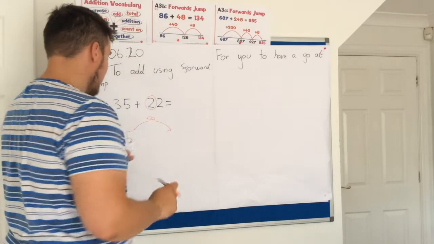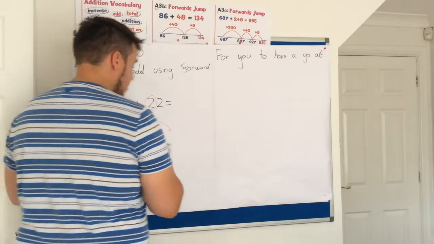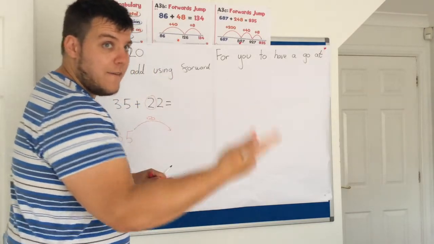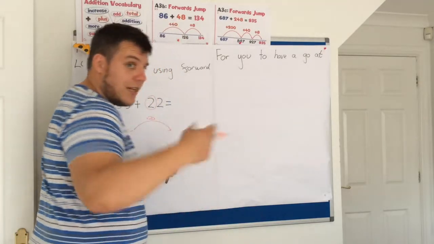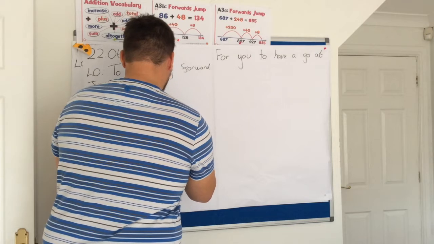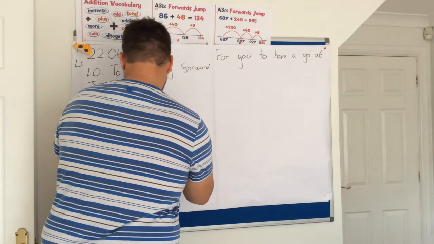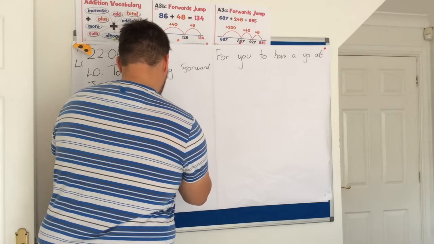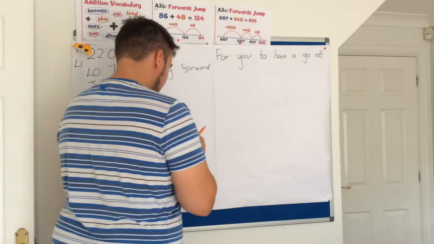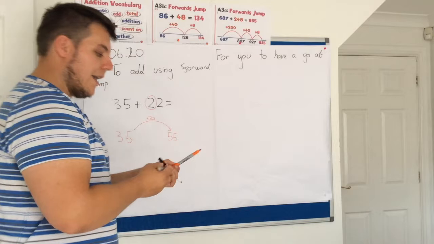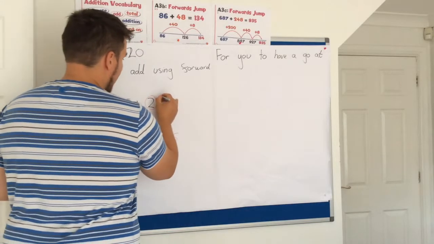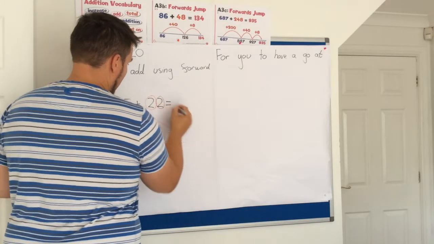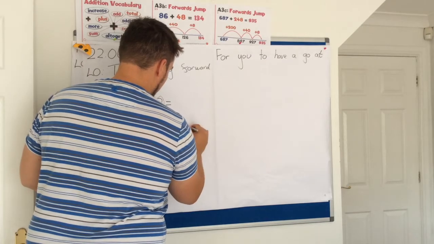If I add 20 to 35, I'm going to get to 45, 55, because I know, like I looked at last week, my units stay the same when I'm adding multiples of 10. So 35, 45 becomes 55.